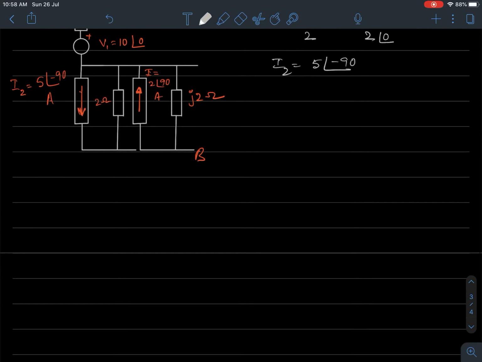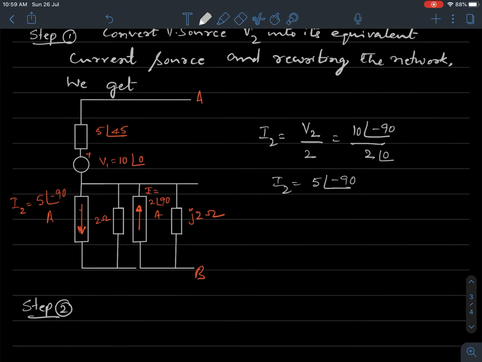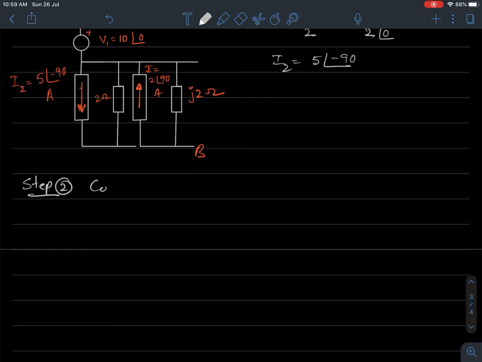Step 2, I will write step 2 in the same white color. Step number 2, converting the two current sources. What are the two current sources?